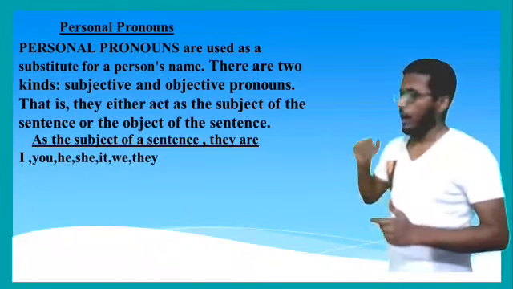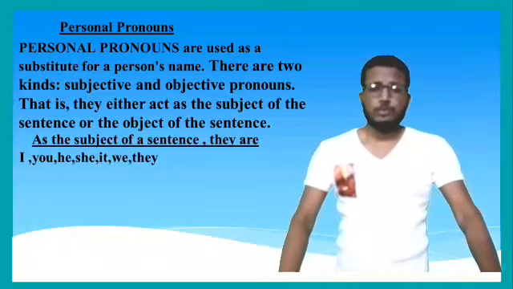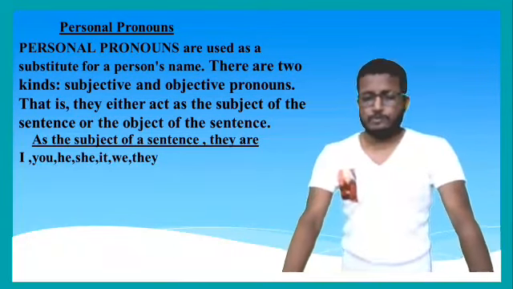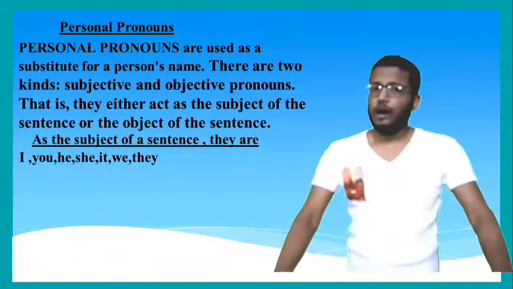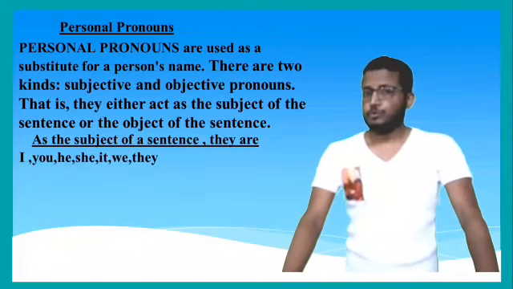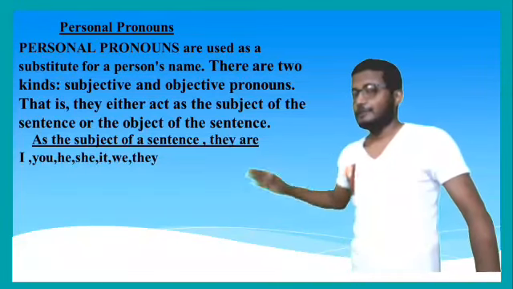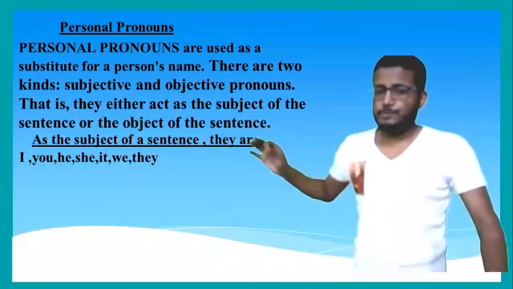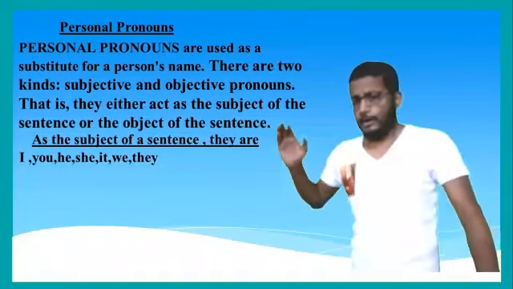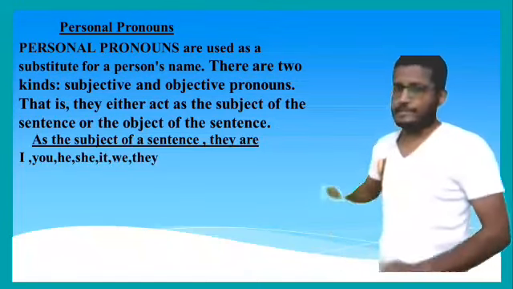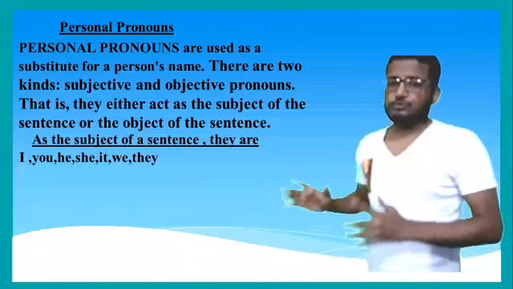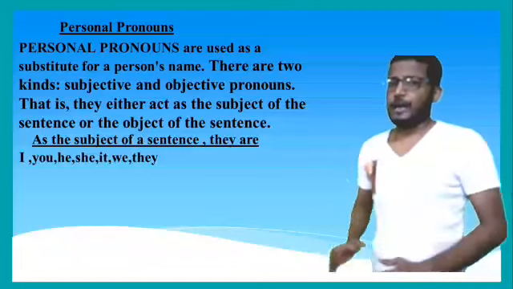The first one, I is first person, you is second person, he, she, they both are third person, it also third person, we first person plural number, and they is third person plural number.